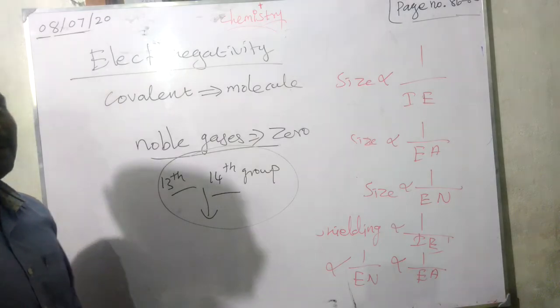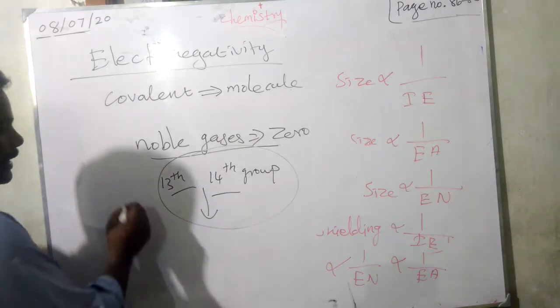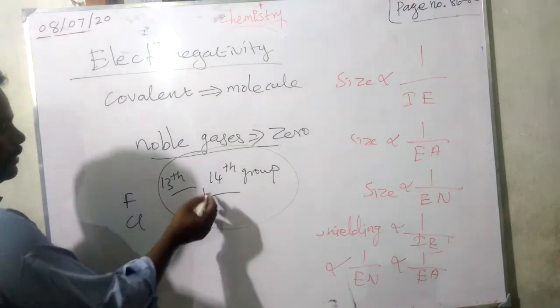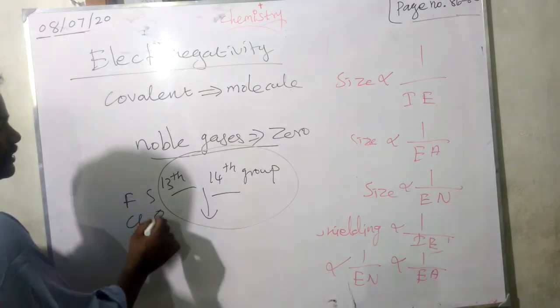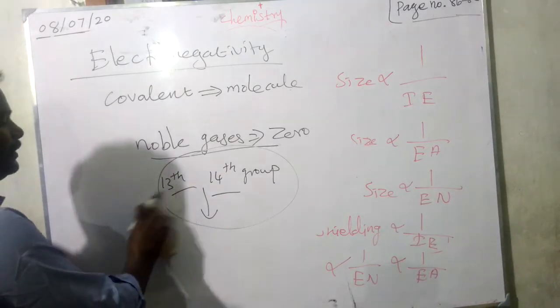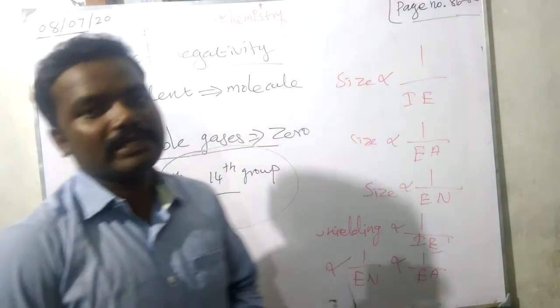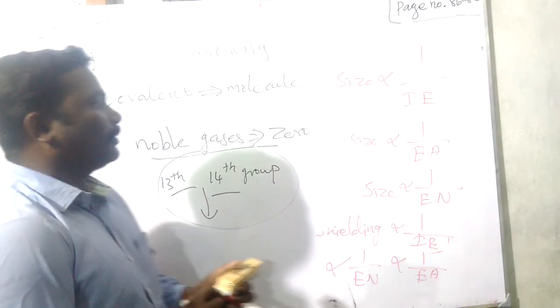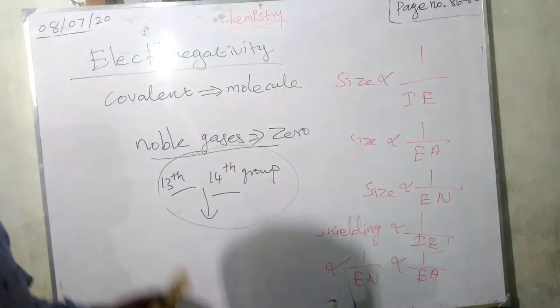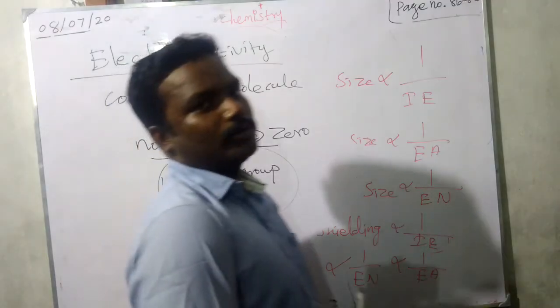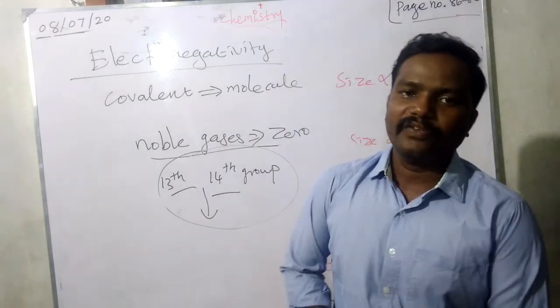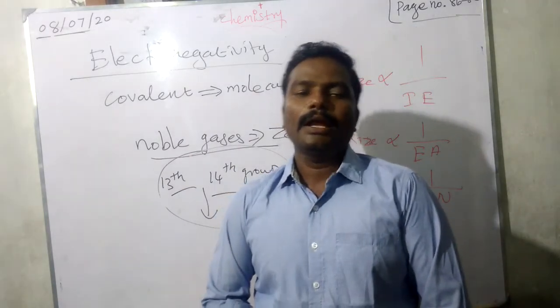What changes? Already we studied, like fluorine, chlorine, then sulfur, oxygen. The same way, they also do not have the same increasing, decreasing regularity. So I hope you understand two concepts: electronegativity and also electron affinity.